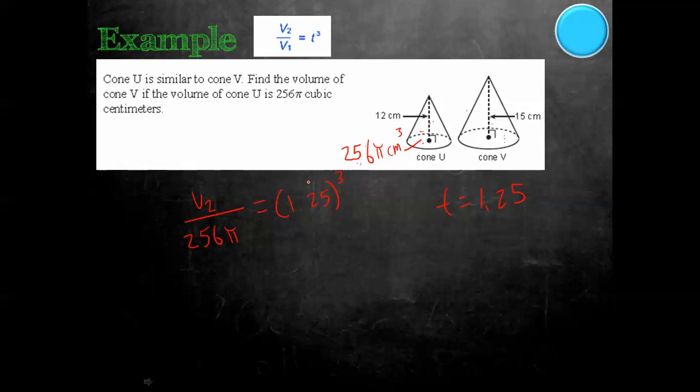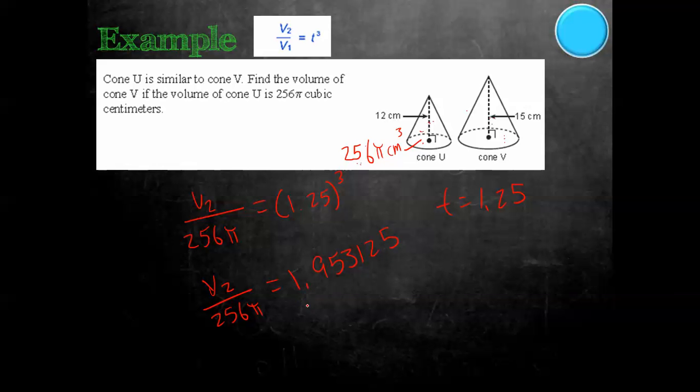So 1.25 times 1.25 times 1.25 is going to equal 1.953125. Okay, so kind of a long number. We could have turned that into a fraction, but we'll just go ahead and leave that there.